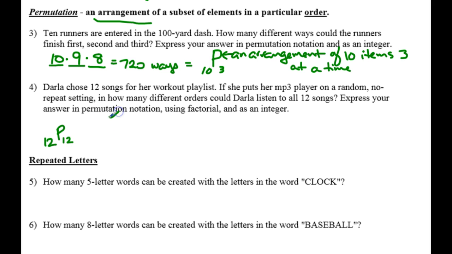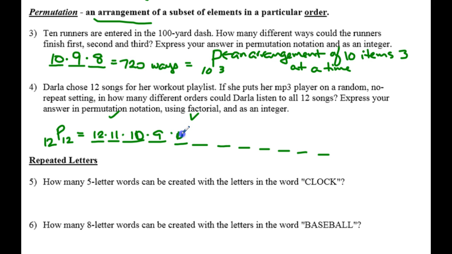That's our permutation notation. Check. Factorial, well, we'll probably do that third. 12 items, 12 at a time means there's 12 spots, 1, 2, 3, 4, 5, 6, 7, 8, 9, 10, 11, 12, that need to be filled. 12 songs for the first spot, 11, and so on, all the way down to 1.